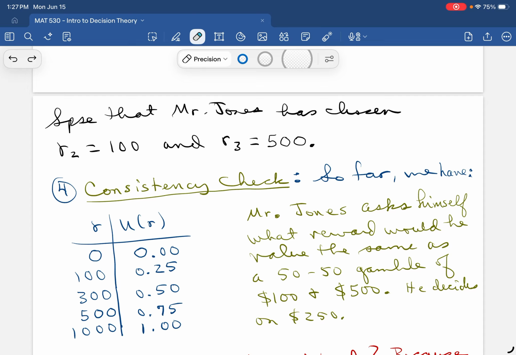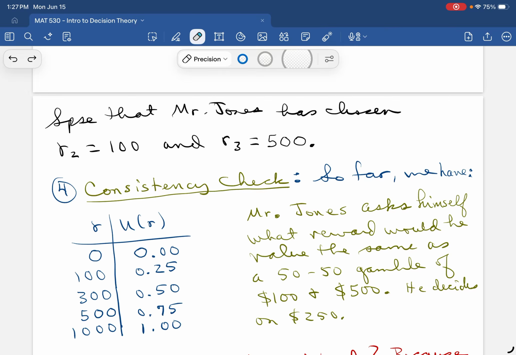And so let's say Mr. Jones decides that he values this 50-50 gamble of $100 versus $500 the same as if he was just going to receive $250 for sure. So he would value either one of those exactly the same. So then the question is, is that consistent with what we already have?